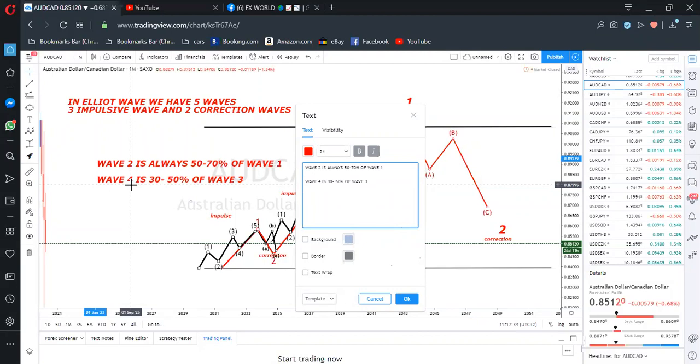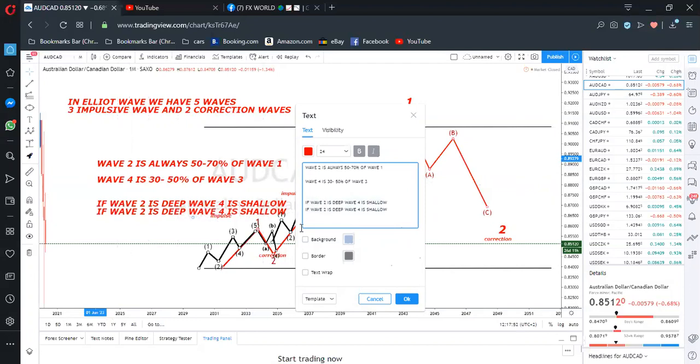The principle says if wave 2 is deep, wave 4 is shallow. We can do that. Then if wave 4 is deep, wave 2 is shallow.